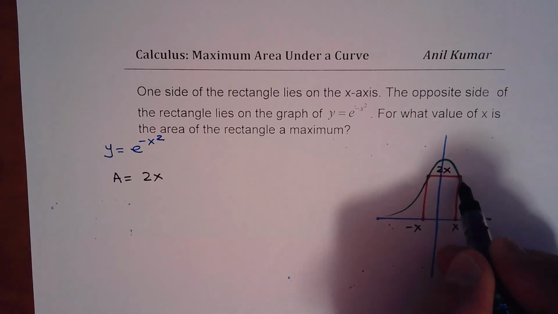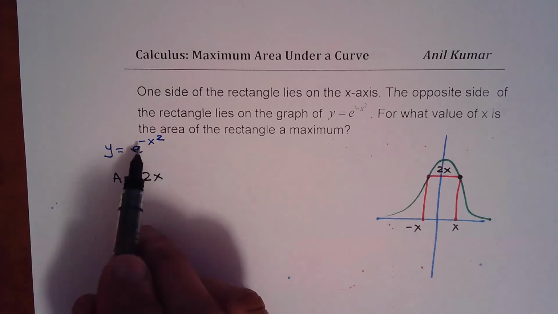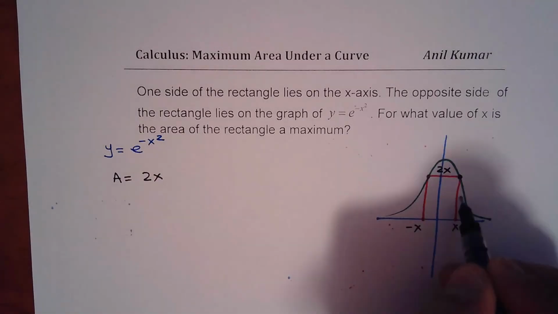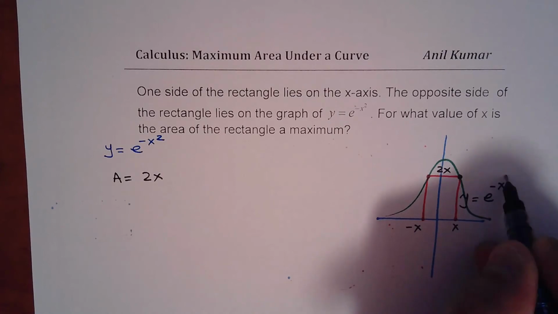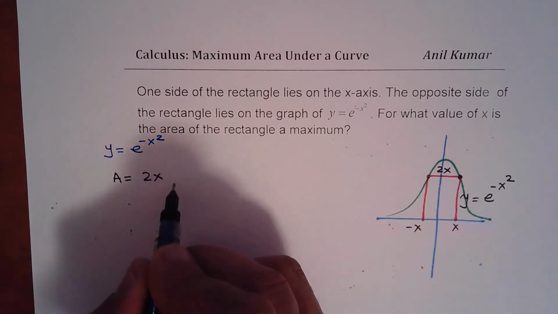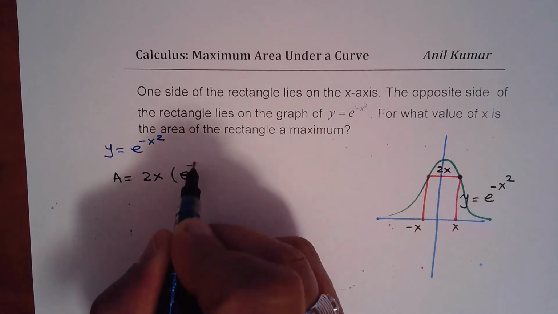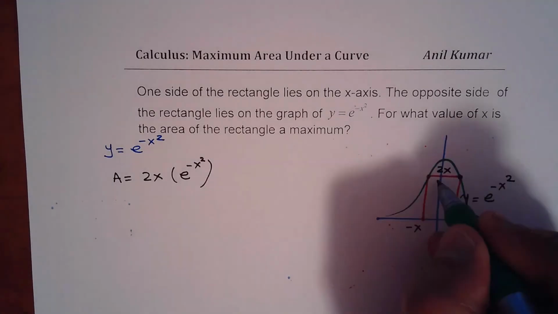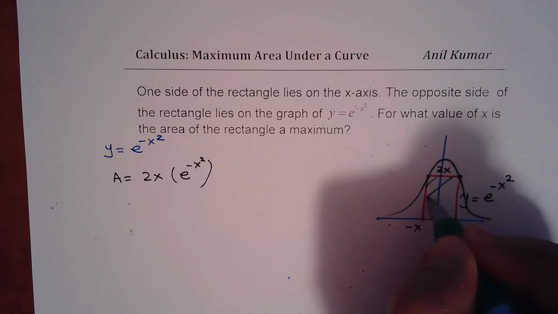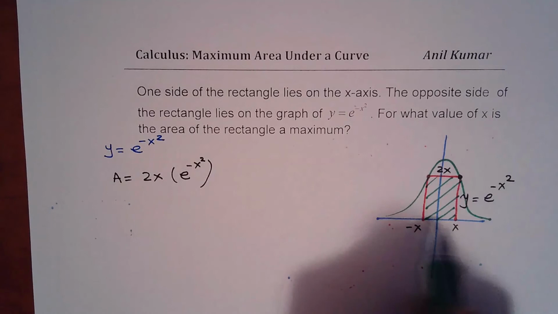Since this vertex lies on the curve, the value of y is equal to e to the power of minus x squared. So we multiply this by e to the power of minus x squared. Is that clear? Right. So that gives you the area of this particular rectangle, which has the base on the x-axis.